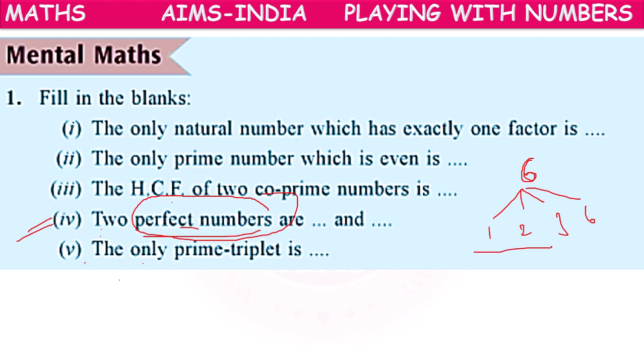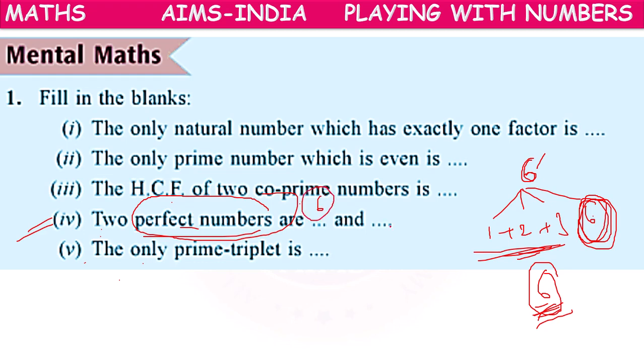The sum of all the factors excluding itself is 1 plus 2 plus 3, which is 6. If the sum of all factors excluding itself is equal to the same number, then it is called a perfect number. So here one such number is 6.